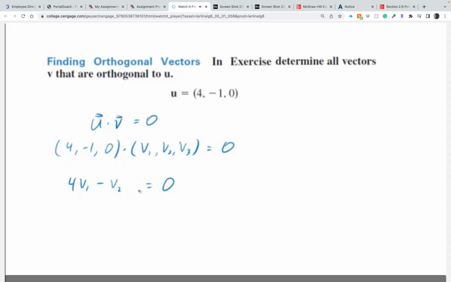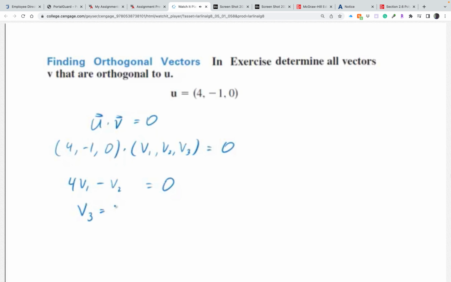So we have 3 unknowns, but only one equation. One of the values doesn't show up in this equation, therefore we're free to choose that value to be whatever we want. So we can just say that v3 is equal to some real number s. Next, since we have 2 more unknowns and 1 equation, we'll choose one of the values. So if we choose v1 to be equal to some number t that is in the set of real numbers, then we can set v1 equal to t and solve for v2.